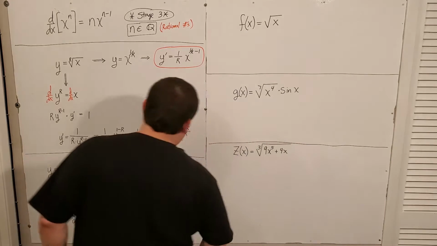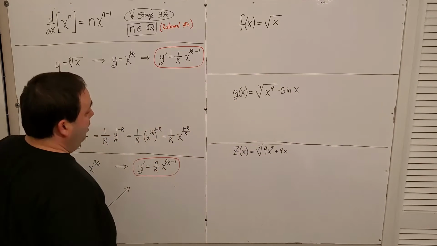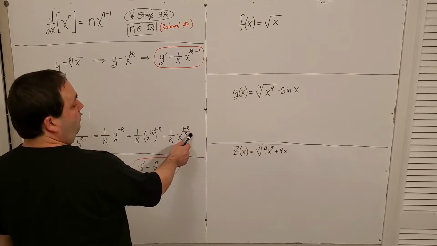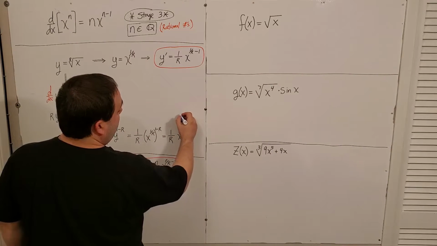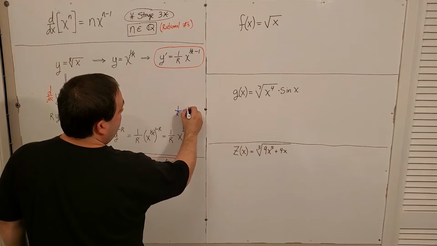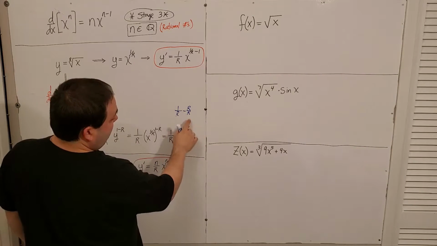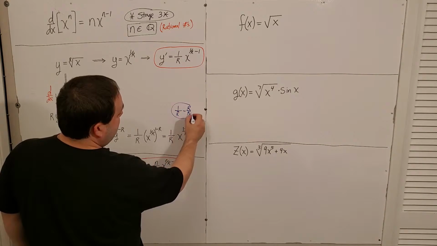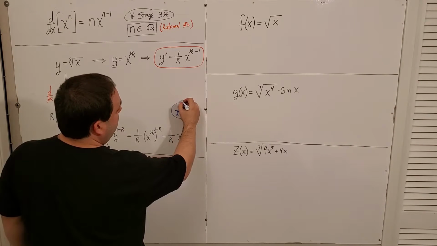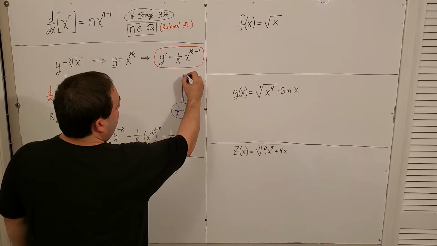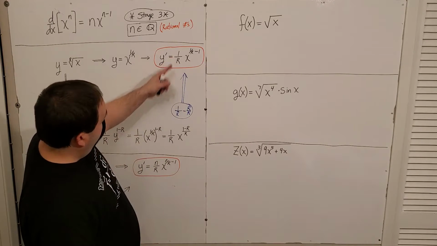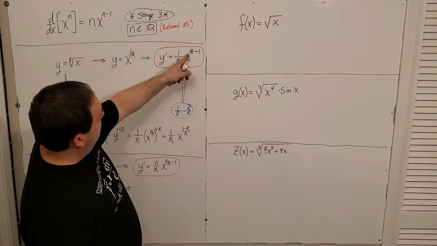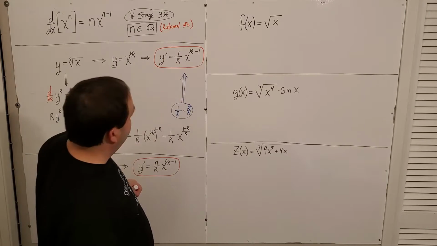And this can be simplified right here. 1 minus r over r, I can simplify by doing 1 over r minus r over r, like this, right? And what is this? r over r is 1, so what I get is exactly what the rule is stating there. I have 1 over r times x to the 1 over r minus 1.